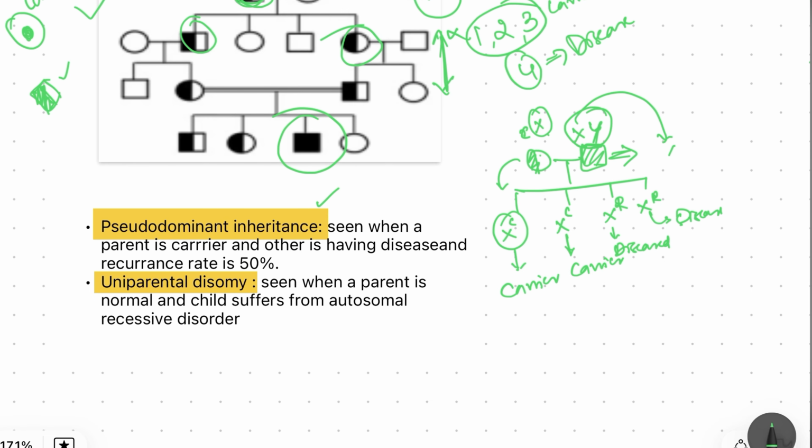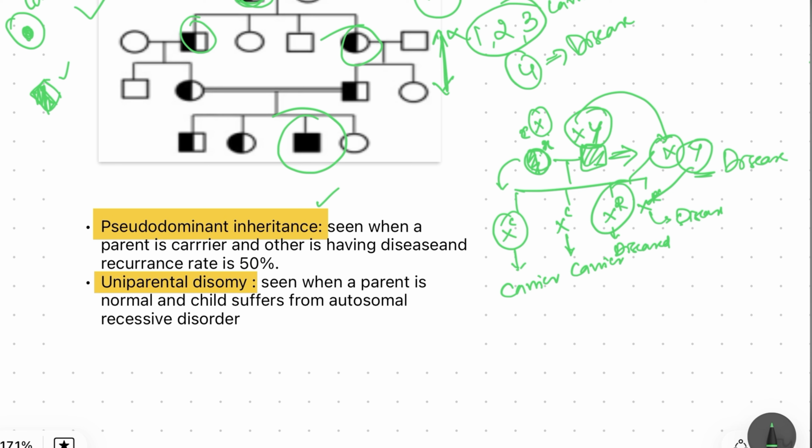So this person gives a carrier chromosome, this will be a carrier. One more will again be a carrier. But the other two will be the recessive diseased condition. When this person's chromosome comes and merges with these two, obviously the disease will be fully expressed. So this is the example.